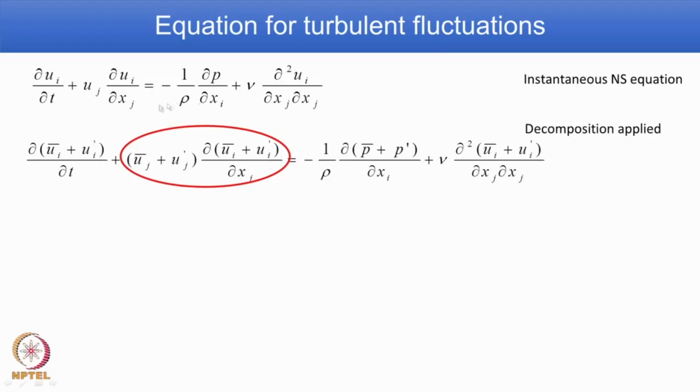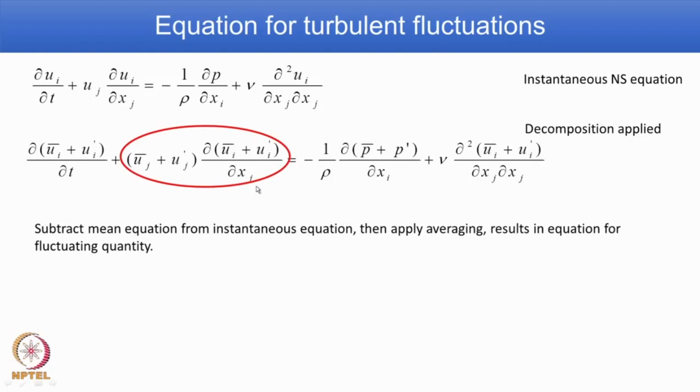The case of convection term requires a special treatment. Now, if you subtract this mean equation from the instantaneous equation, then you apply averaging, then it will result in what is known as the equation for fluctuating quantity.